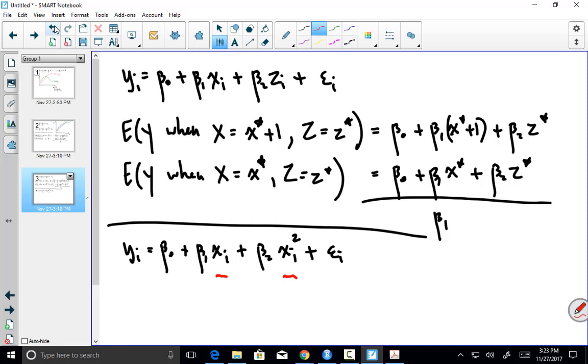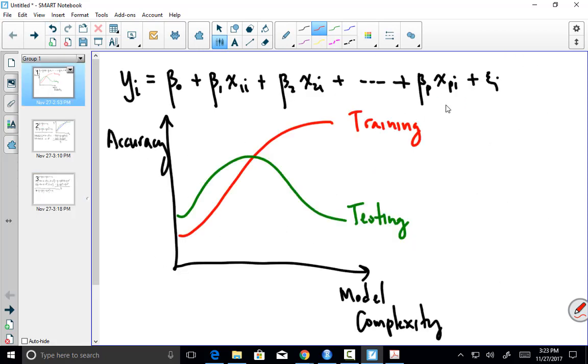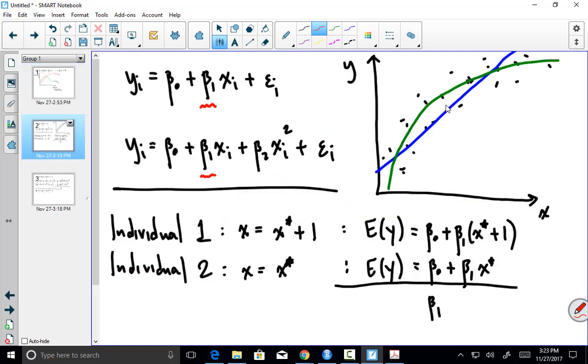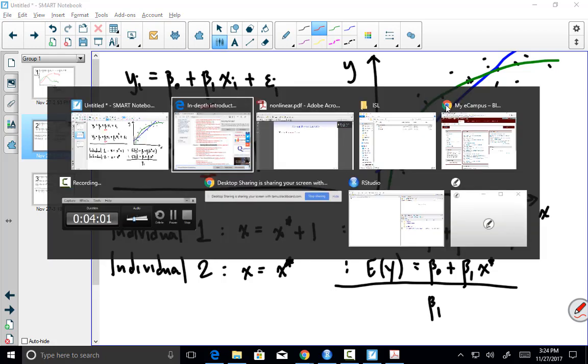Can't interpret them very well, but they often bring higher accuracies. So, this is the context right now. We're considering going beyond just a linear regression model to something more sophisticated. Okay. So let's go to our notes.